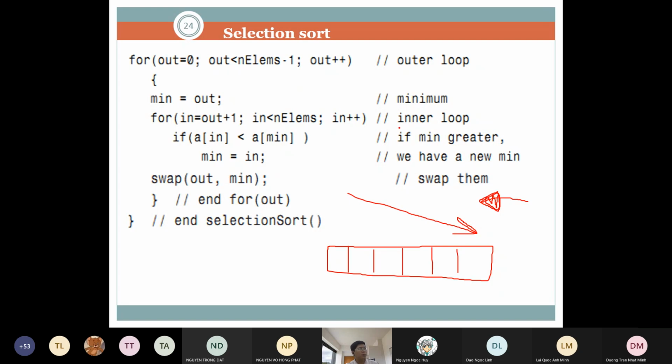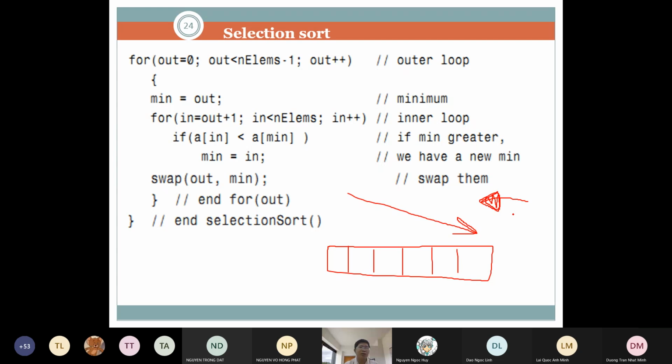So what should we do, everyone? What we have here, if you want to sort it in descending order from the right to the left, means that we want to find the min, no?